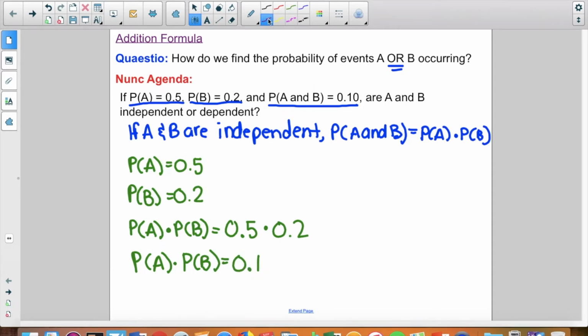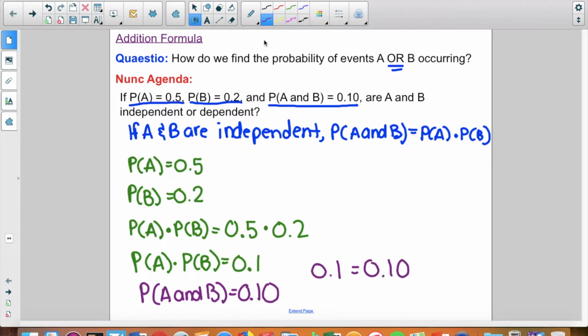So we have to compare that to this right here. So the probability of A and B was 0.10. So right now we have to determine if 0.1 is equal to 0.10. And it actually is.